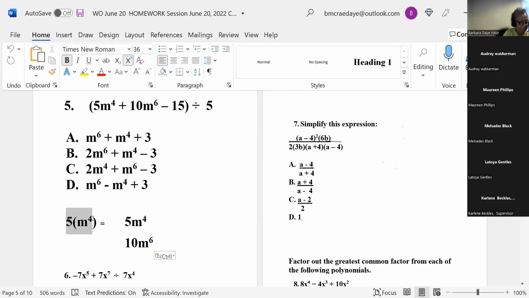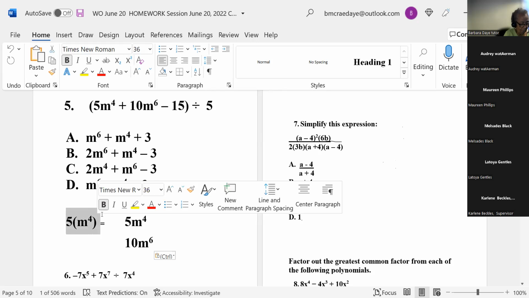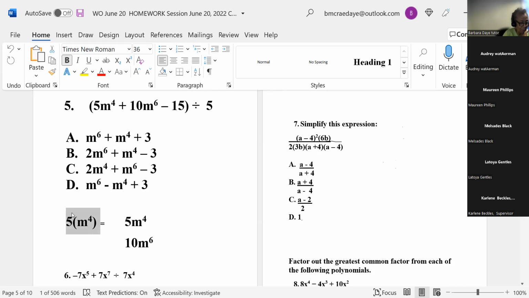Let me copy that and leave the factor blank, and you tell me what goes in the blank. Okay, and this 5 times, and let's just put parentheses, equal.